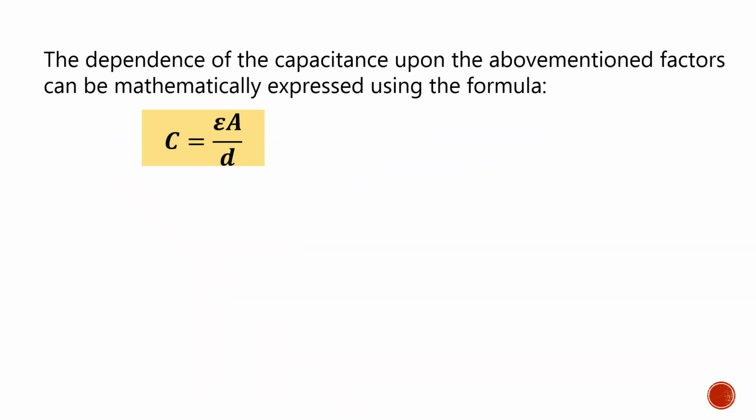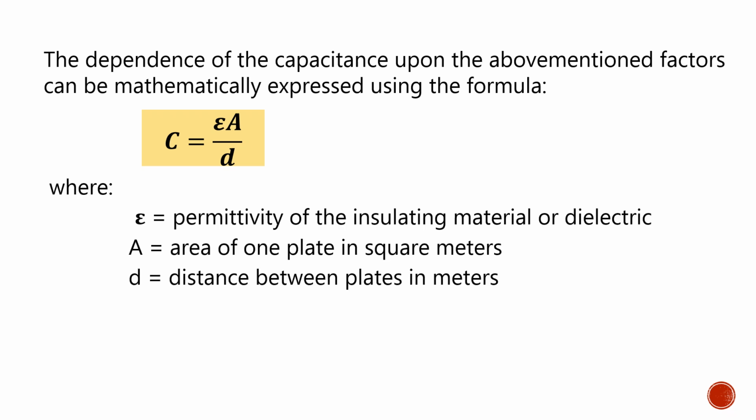The dependence of the capacitance on the mentioned factors is expressed using this formula, where epsilon is the permittivity of the insulating material or dielectric, A is the area of one plate in square meters for the SI unit, and d is the distance between plates in meters.